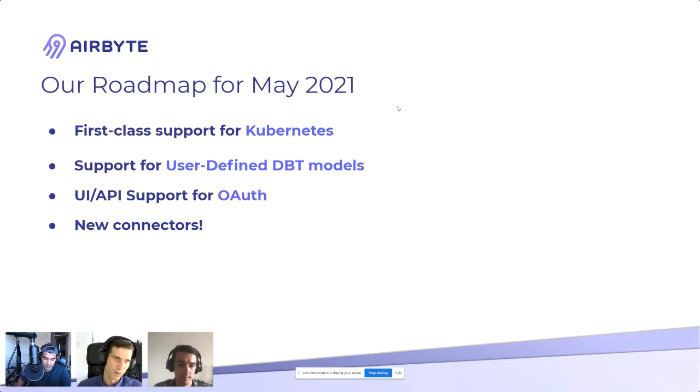So essentially what we want to do is give users who have any experience with DBT the ability to define what their data should look like in their data warehouses. And our goal is to make this really easy. Even if you're not terribly familiar with DBT, or spinning up DBT from scratch is really intimidating, we want to make this super simple. We think DBT is a great tool, and we want to make it easier for people to use it within Airbyte.